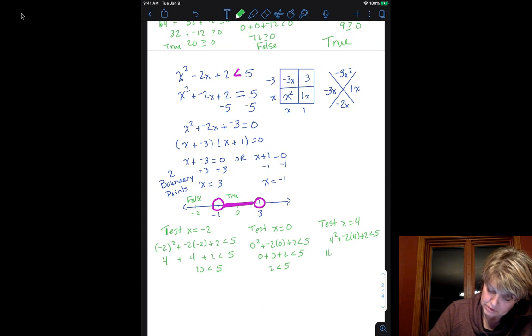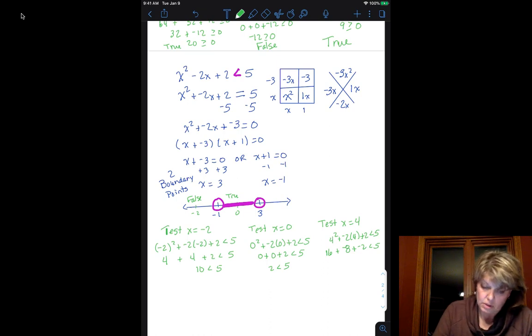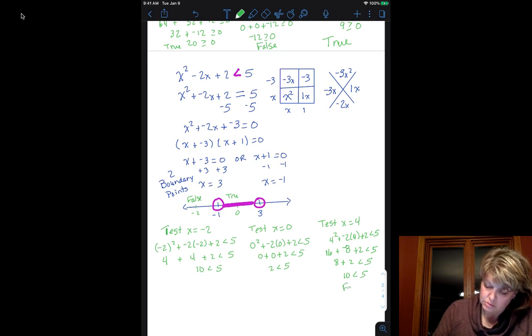And we have 16 plus -8 plus 2 is less than 5. Is it? Well, it'd be helpful if I wrote in a straight line, wouldn't it? So this would be 8 plus 2 is less than 5. Is 10 less than 5? Nope, it is not. This one was false. This one was true. This one was false.